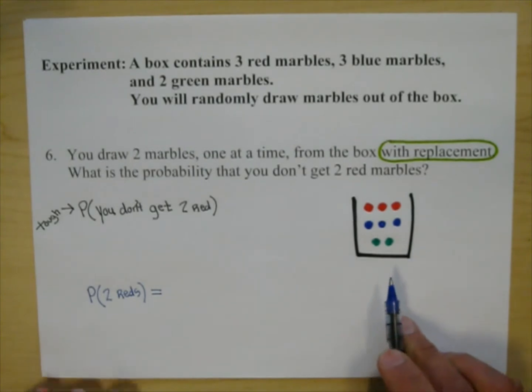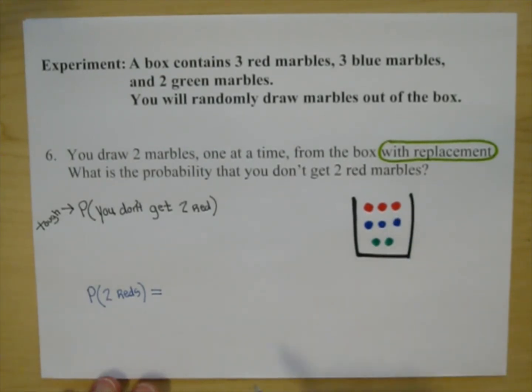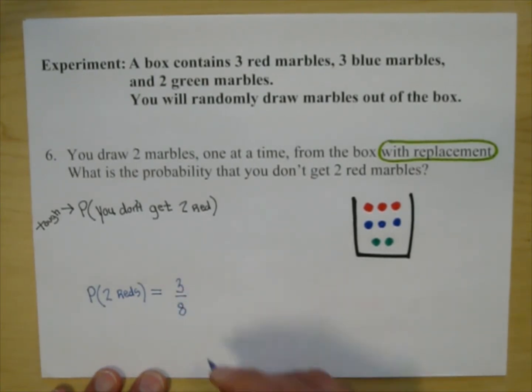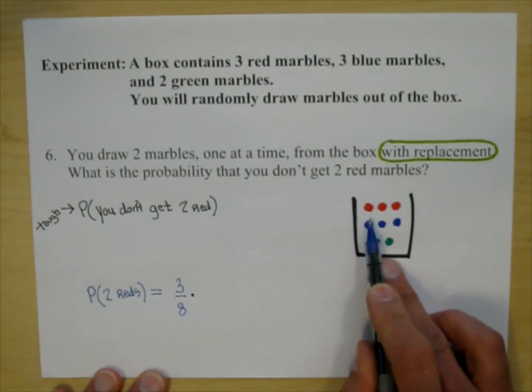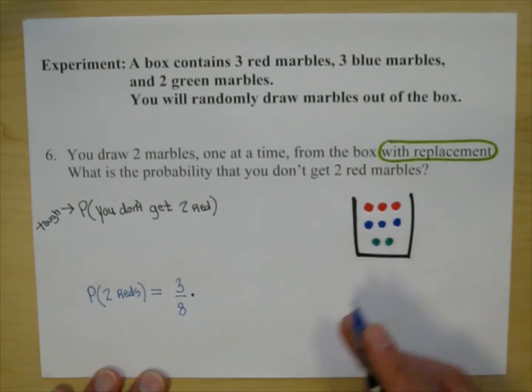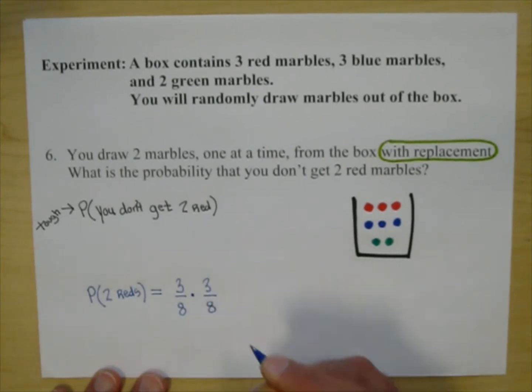What is the probability you pull out your first red? Well, 3 out of 8. Okay, you pull the red out, you put the red back in because this is with replacement. What is the probability you pull out a red from that box? Well, 3 out of 8.